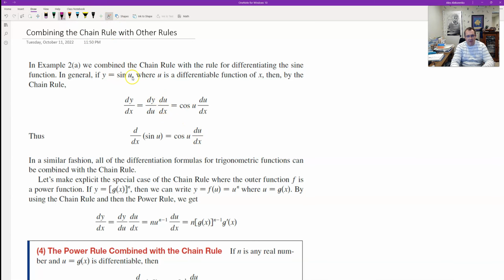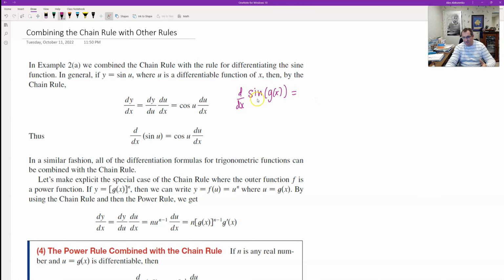So now we'll make a quick comment that the chain rule can be combined with other rules. And some of these combinations become shortcut formulas. They're not independent formulas, but if they are met frequently enough, then you can use them as standalone formulas. So, for example, if you look at the formula sine of g of x, and we don't know what g of x is, but the derivative with respect to x will always have that form.